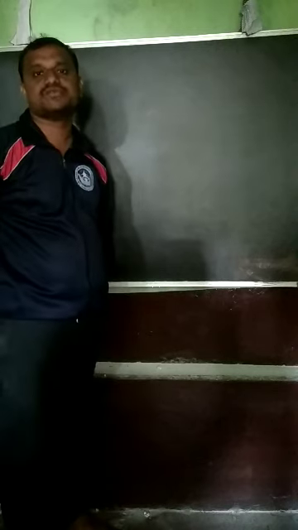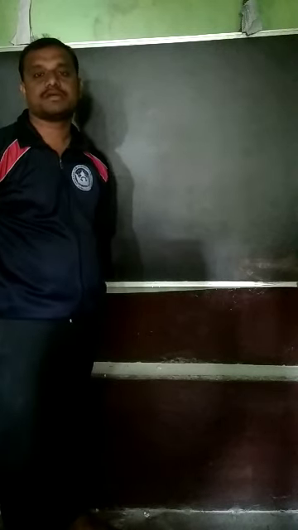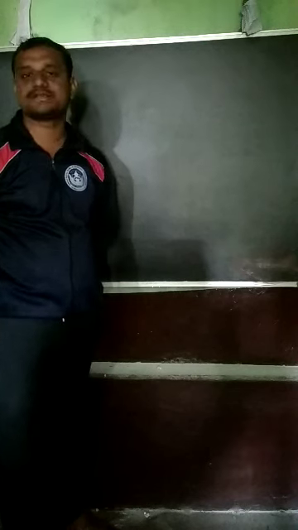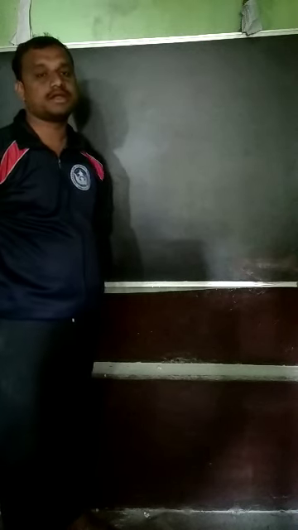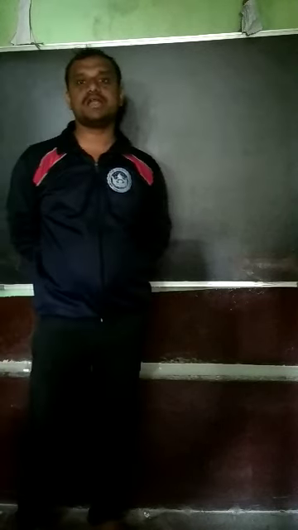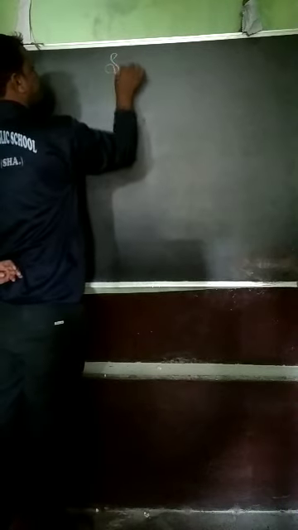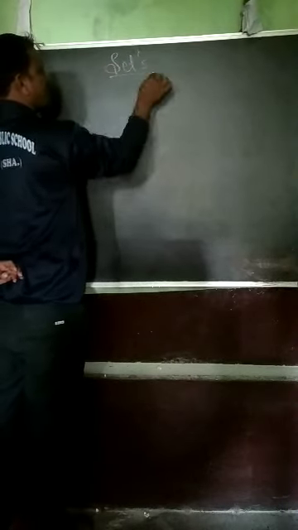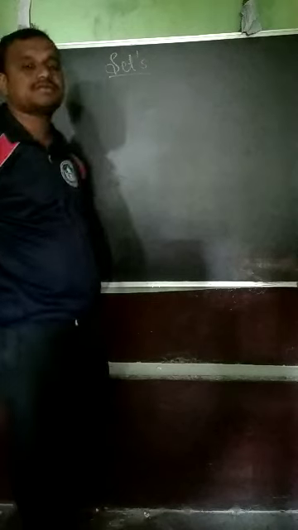In the last class we studied sets, how to represent sets, and the methods of writing sets. The definition of a set: the collection of well-defined objects is called a set.